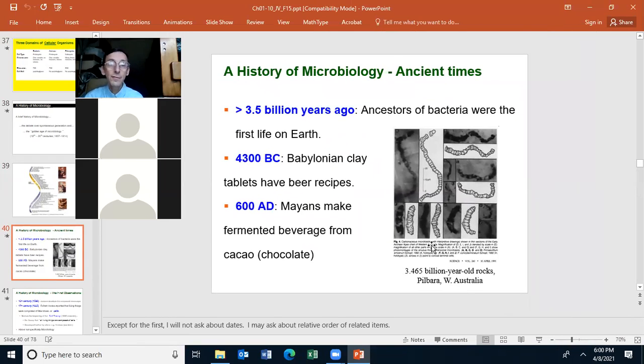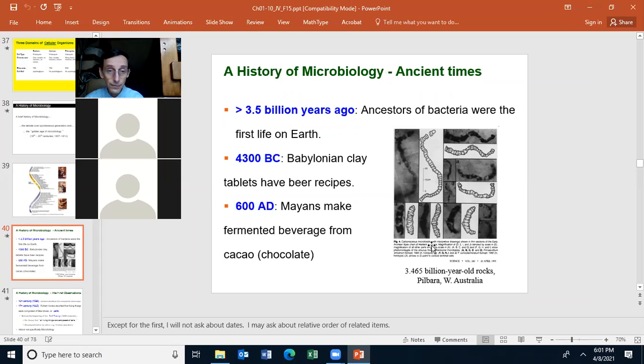After that, history of microbiology takes a big jump in years, but 4,300 BC, the Babylonians recorded the first observation of microorganisms. And that is, they wrote down on their clay tablets recipes for making beer. They didn't know it, but microorganisms were responsible for making beer.